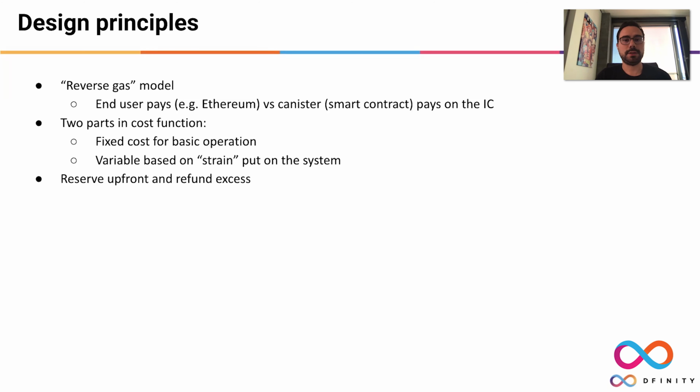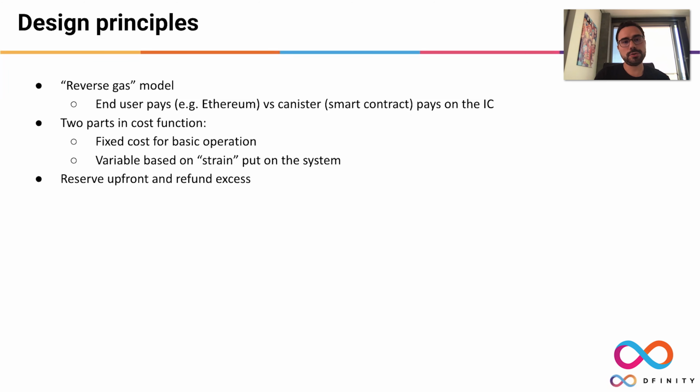In contrast, on the Internet Computer, the canister smart contracts are responsible for paying for the resources they're using. And typically this is happening by charging or pre-charging your canister with cycles so that they can actually pay for the resources they use. Another interesting point is that we usually have two parts in the cost function for any action you perform.